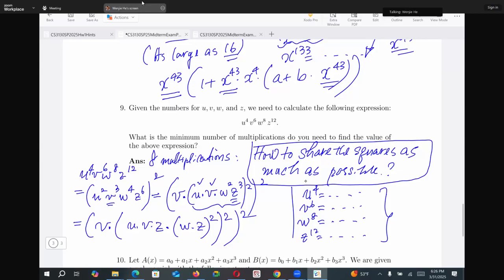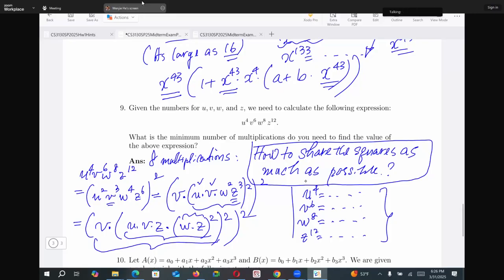But you can see the power of this 3 rounds square sharing. The first round square sharing covers all these numbers. The second round covers all these numbers. The third round coverage is small, but the first 2 rounds cover many operands, let's say multiplication operands, so it's more efficient.